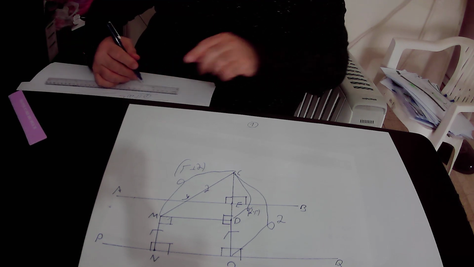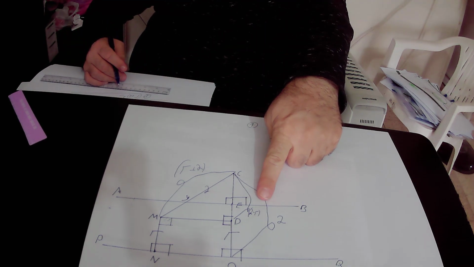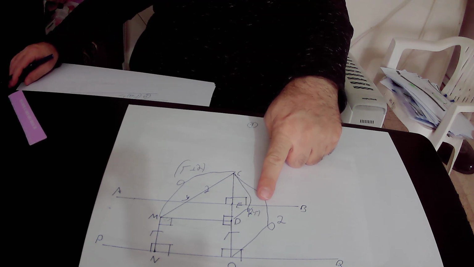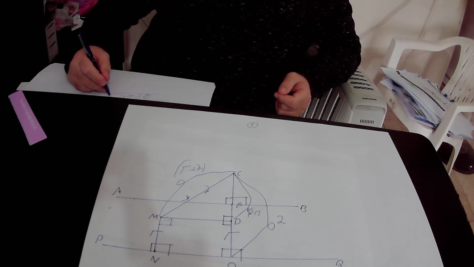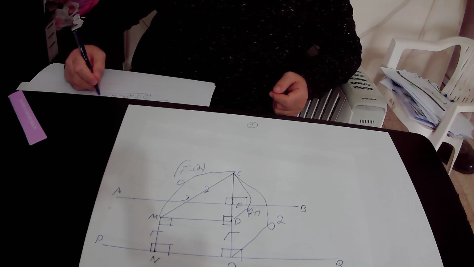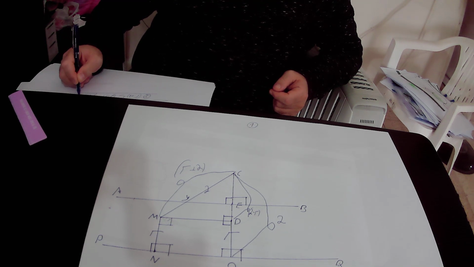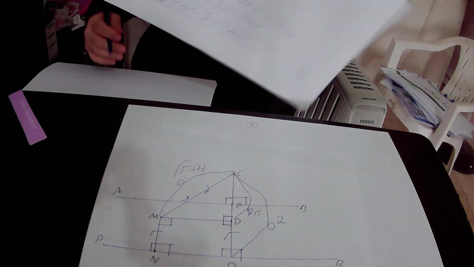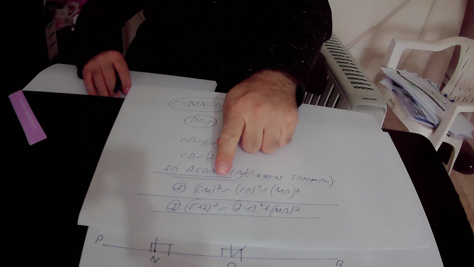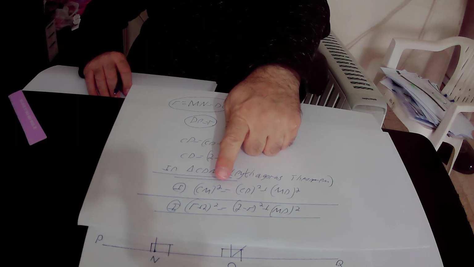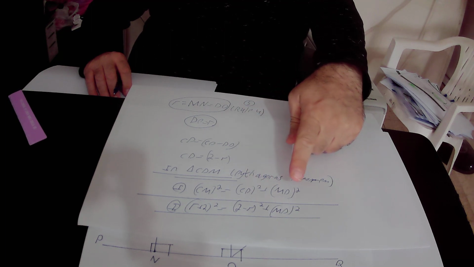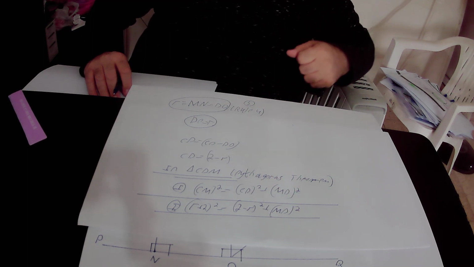We have already found out that CD equals 2 minus R. If CD equals 2 minus R, then CD squared will be equal to 2 minus R squared. So CD squared is 2 minus R squared plus MD squared. So in total, we found out that CM squared, R plus 2 squared, equals CD squared, this is actually 2 minus R squared, plus MD squared.